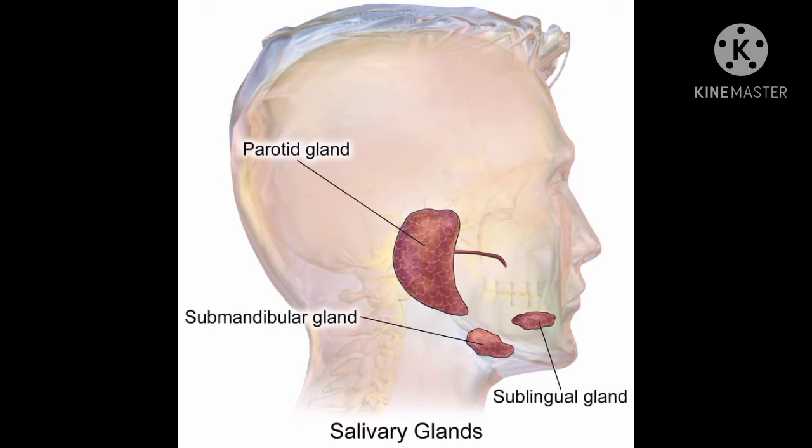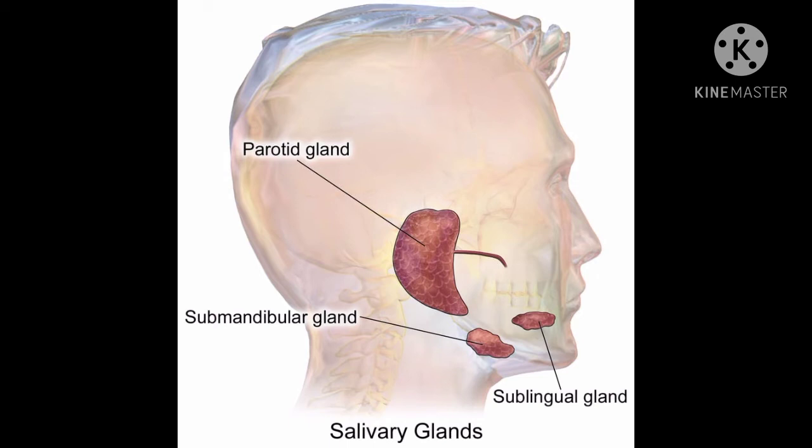These glands are made up of serous and mucous cells. These glands open into the floor of the oral cavity through Wharton's duct.